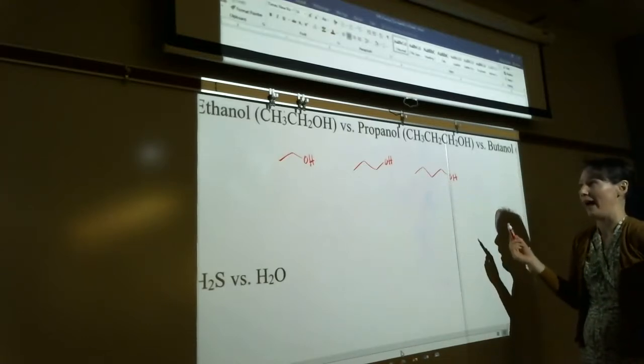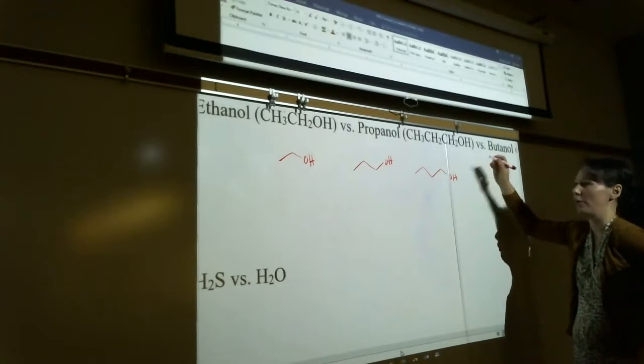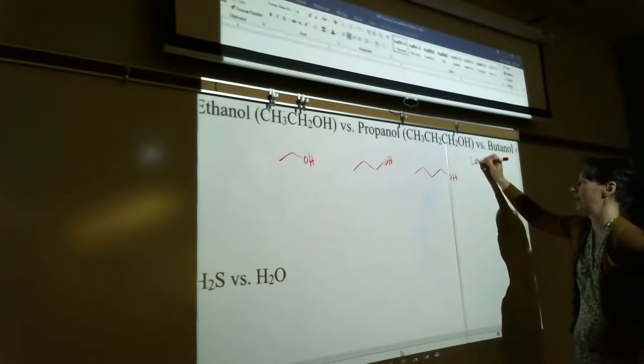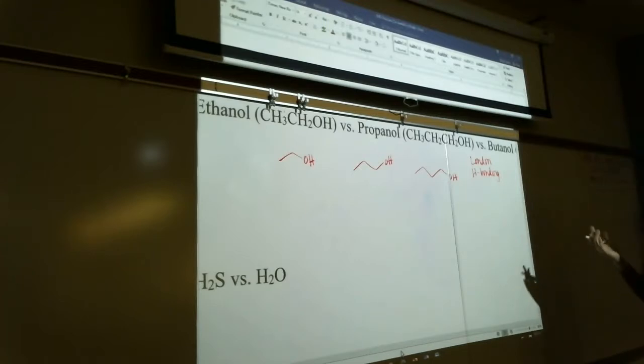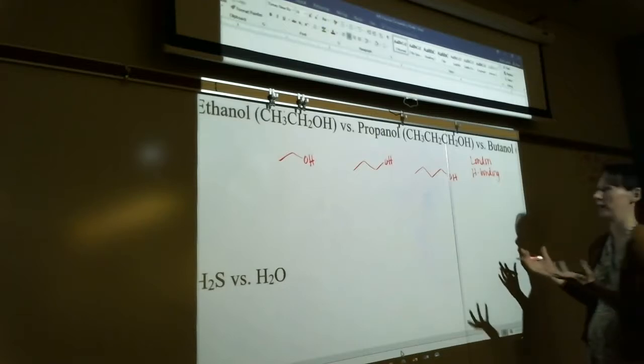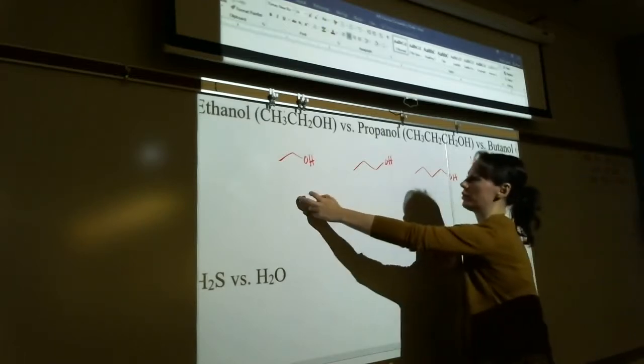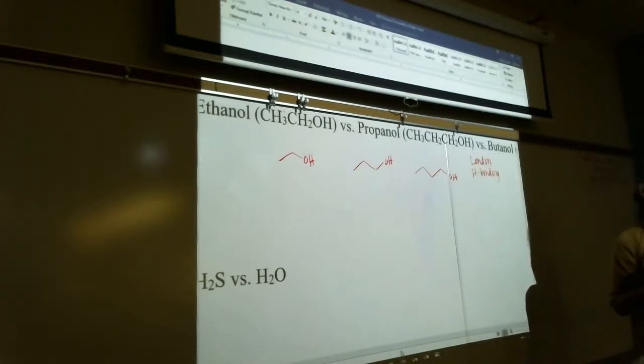So all of these have, what are the IMFs in all three of them? London and what else? Hydrogen. Hydrogen what? Bonding, right? Okay, so they all have the same IMFs. So what are we looking at as the deciding factor? Chain length, right. Longest chain, shortest chain. So who's going to have the highest boiling point? The longest one, right.